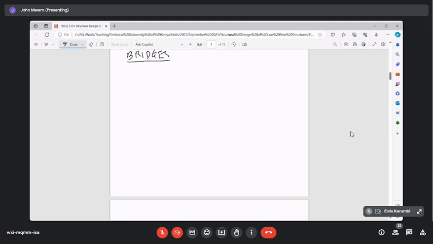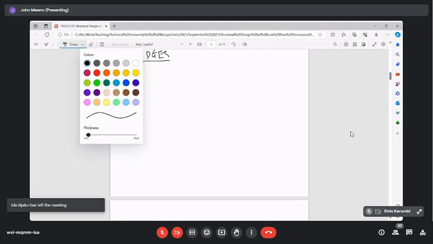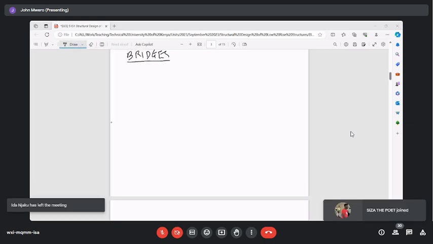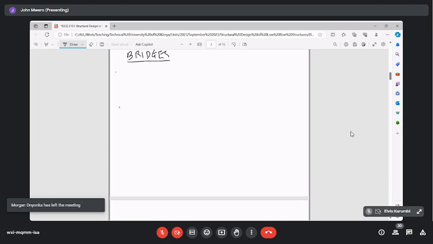I'll mention just a few in passing by way of introduction. So bridges can be classified by their material of construction or structural system.